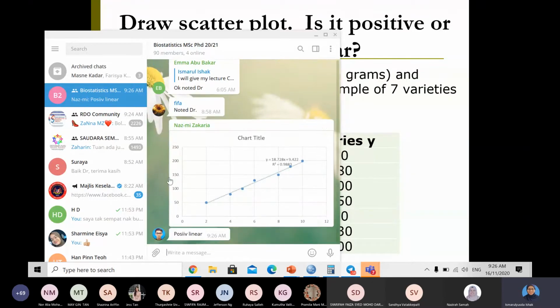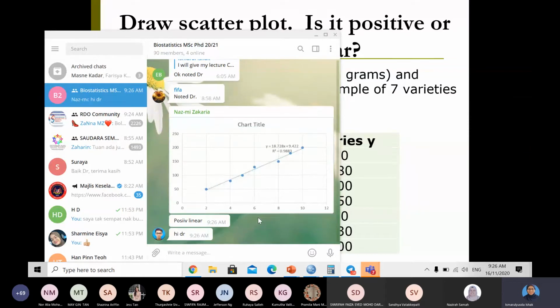Nazmi Zakaria, PhD. Wow. Yes, positive linear. Good. Wow. Straight away there is Y, the equation, the R squared here. Okay, thank you, Nazmi.